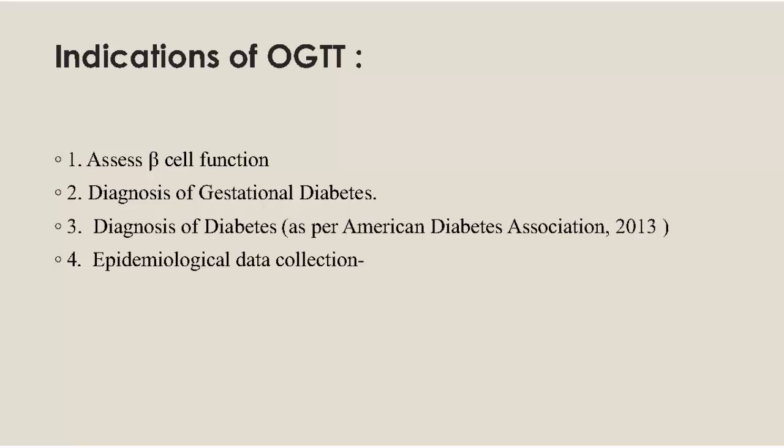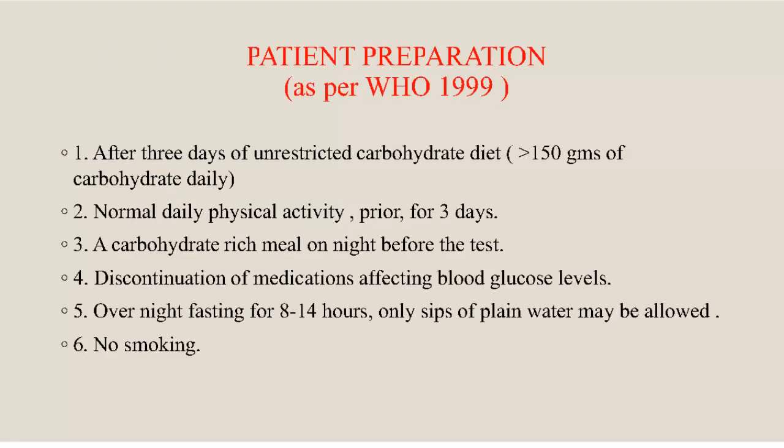Now, coming to the next slide, that's the 4th slide, patient preparation. This is the proper OGTT test. Before any test, you have to prepare the patient for that day, that is the D-day. What patient preparations are needed here?